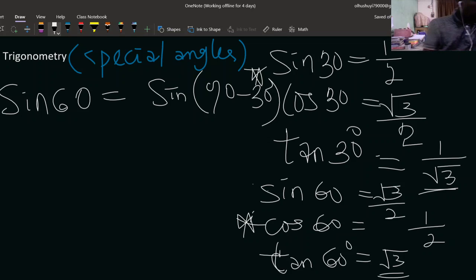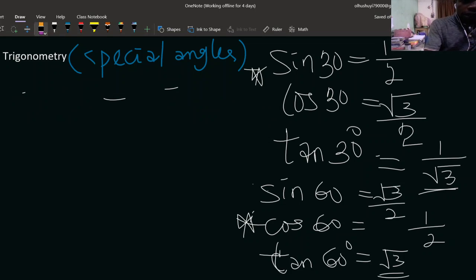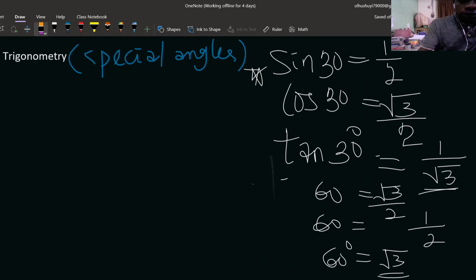Now let's quickly talk about 0 and 90. So we have for 0 and 90 your sine 0.